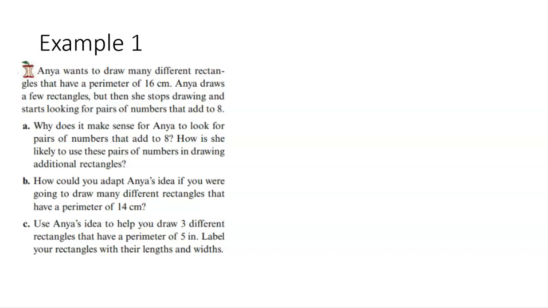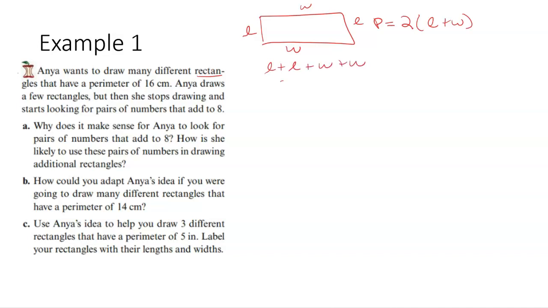All right, well, we know that she's drawing rectangles, so we've got length times width. We know that the perimeter is 2 times the length plus the width, right? We would say L plus W plus L plus W. So that's 2L plus 2W. It's just 2 times the length and the width. And so she's basically saying, okay, her perimeter is 16.